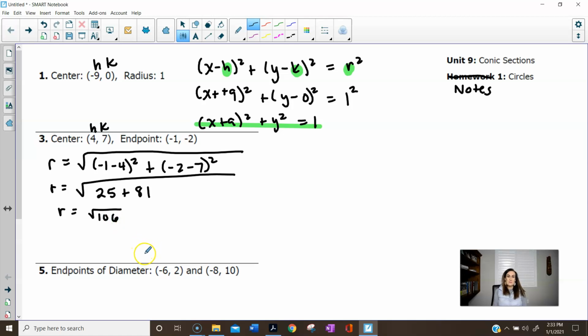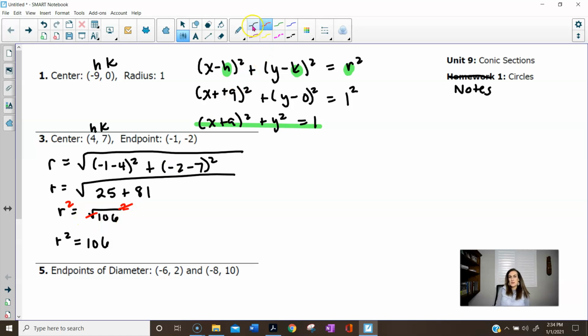Now, remember that the formula wants r squared. So if r is equal to the square root of 106, r squared is equal to just 106. So basically what we're doing here is we're squaring both sides, and then the square and the square root cancel.